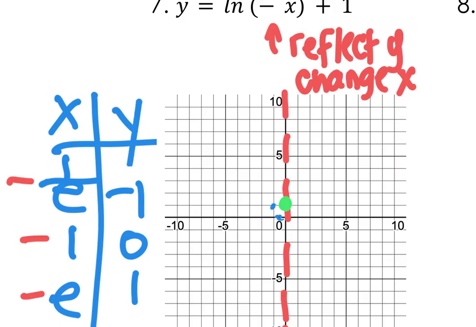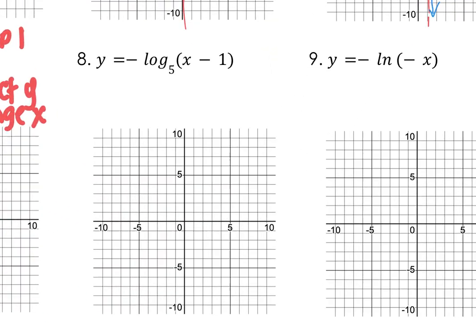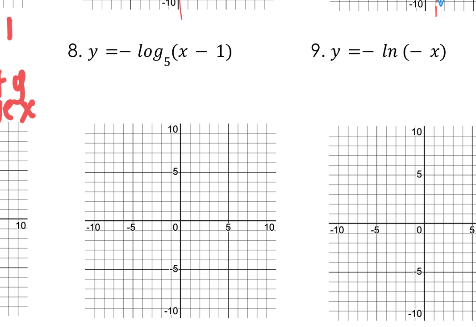Okay, so we have our negative 1, 0, and then negative 2.78 up 1, so 1, 2. So about right here. There we go. And connect our points, our 3 points as best as you can. Okay, number 8, almost done.